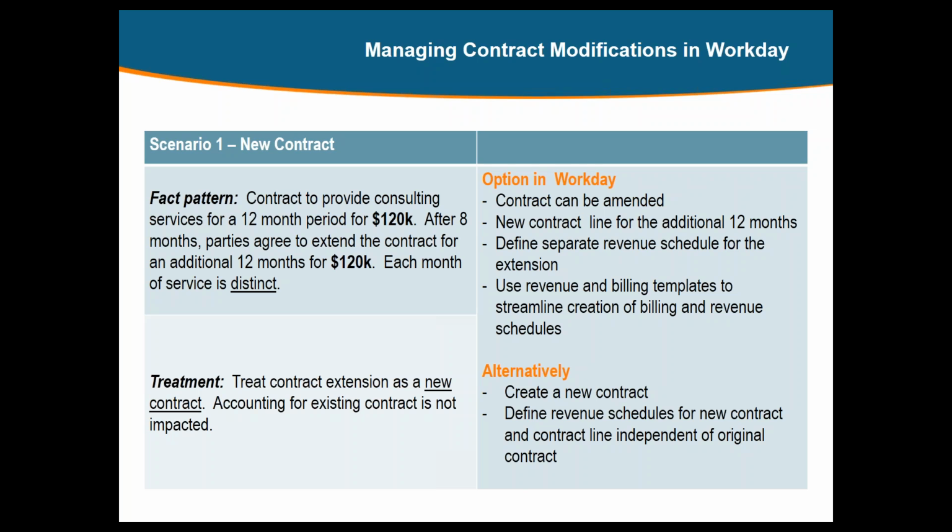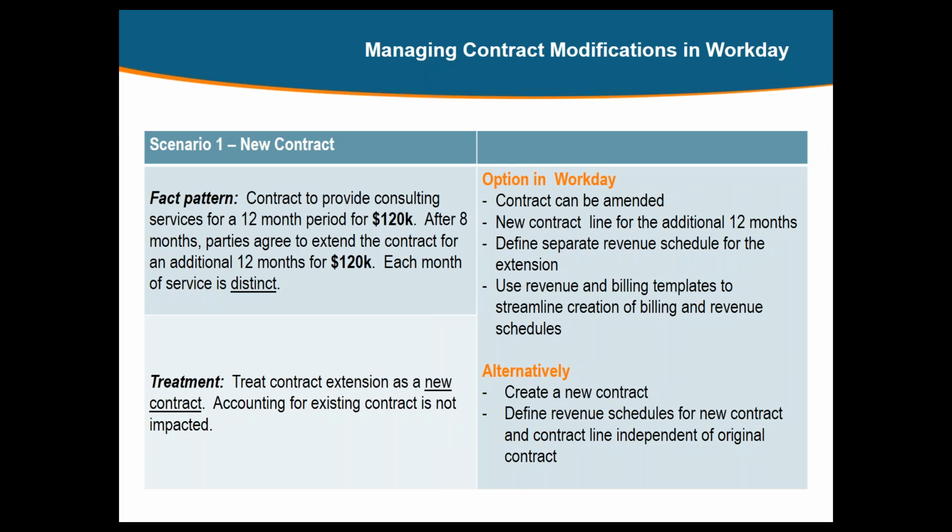So the first scenario that we discussed is where the contract is extended after 8 months for an additional 12 months. So this results in both change to the contract amount and rev rec, and there are a couple of ways you could potentially do this in Workday. In the first option, the Workday contract is amended. So we talked about the amendment process, and a new contract line for the additional 12 months would be added.